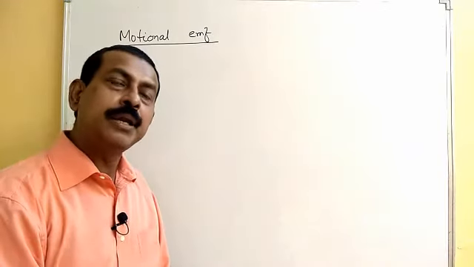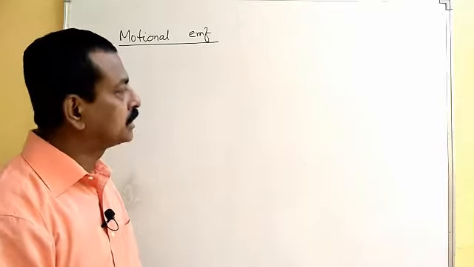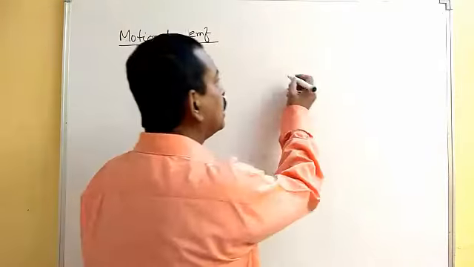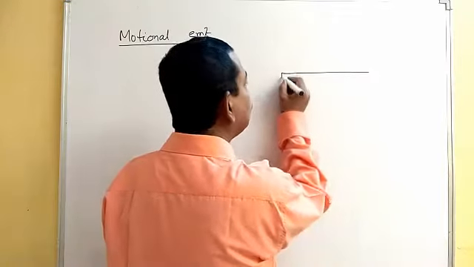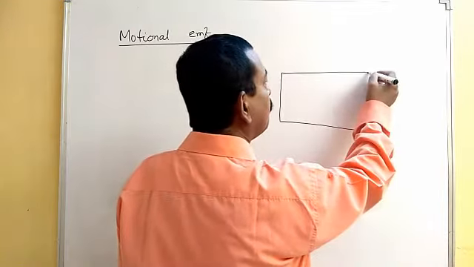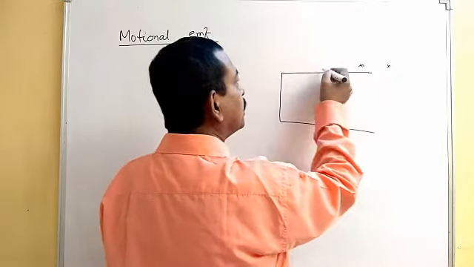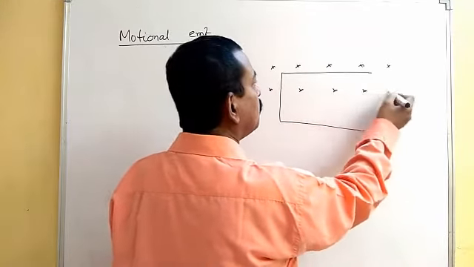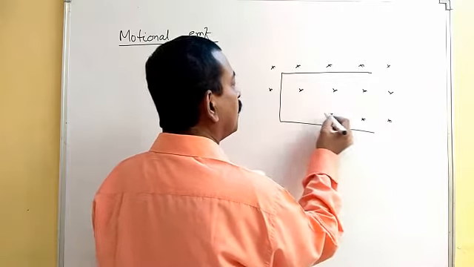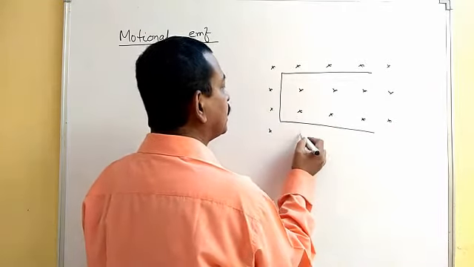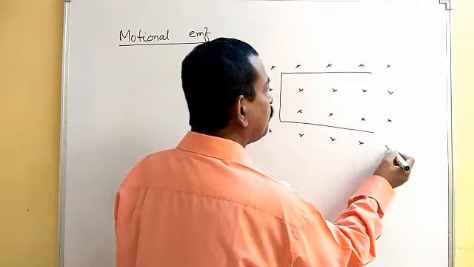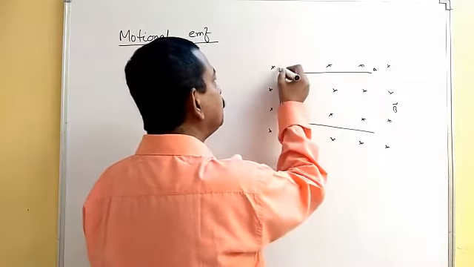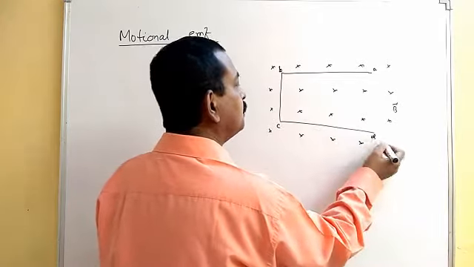There can be a number of questions which can be framed on this setup. Suppose it is given that this is a U-shaped parallel track kept in the region of magnetic field. Magnetic field strength, we are taking it as B. And this is, suppose, AB, CD.